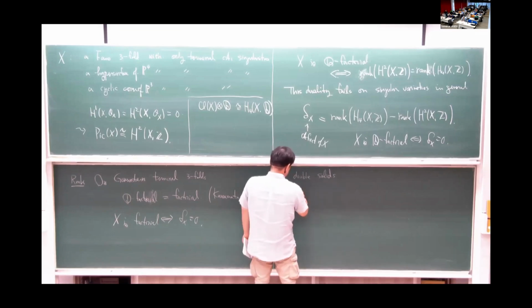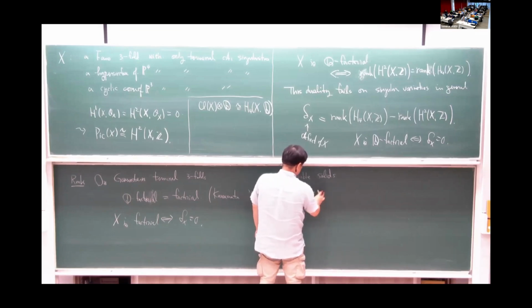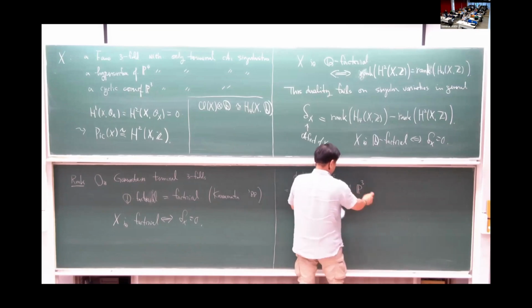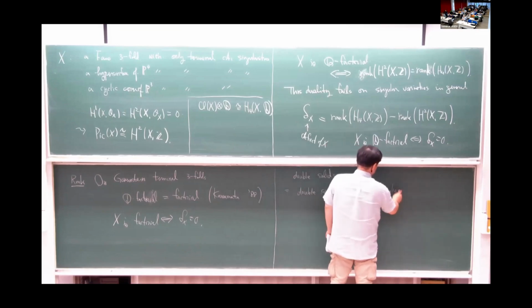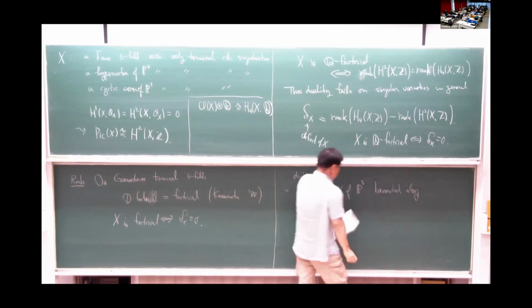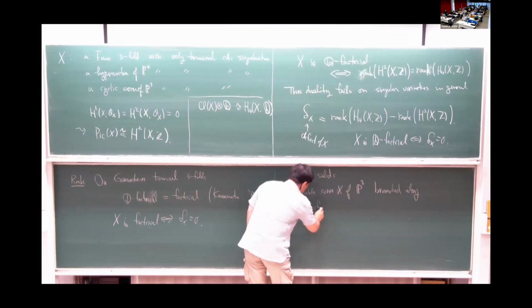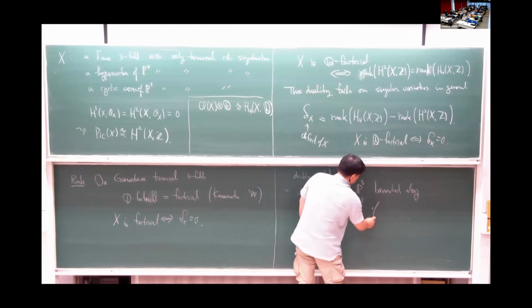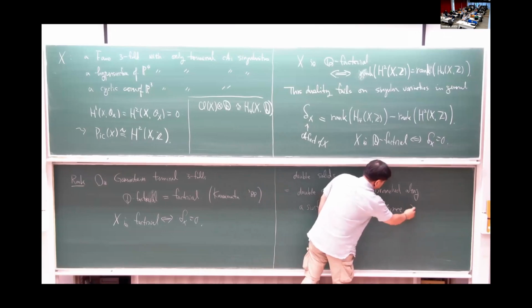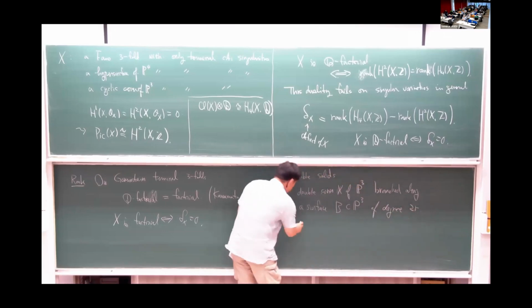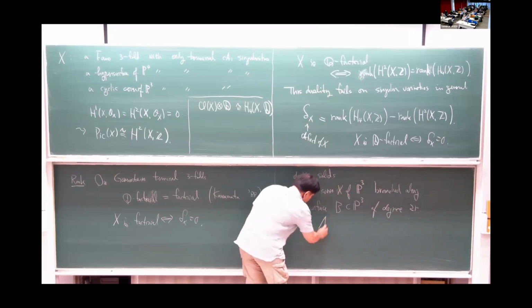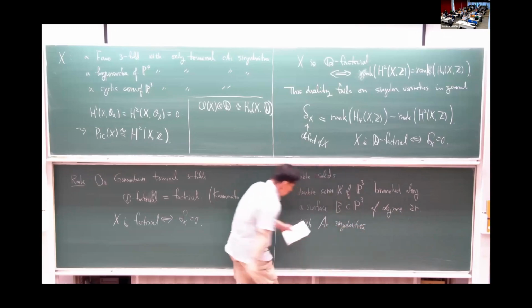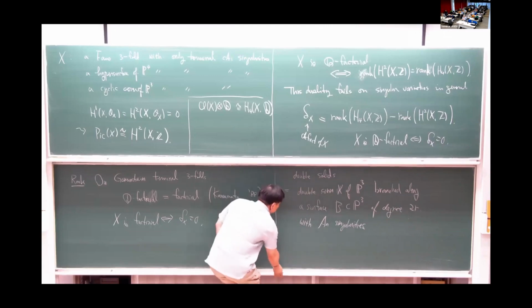So this is the double cover X of P3, branched along a surface B of degree 2r, and with the cyclic quotient singularities, so A_n singularities.